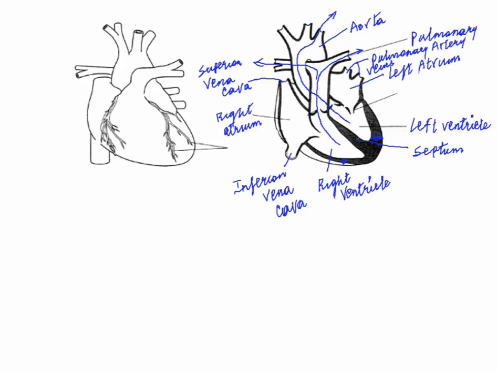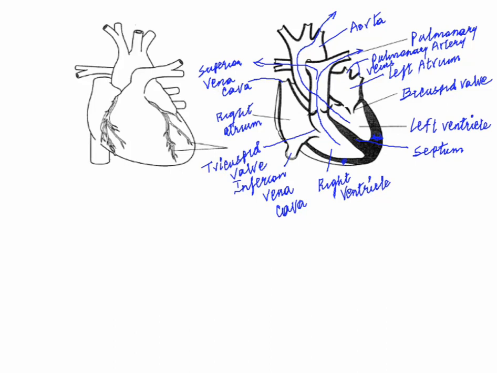Then you have valves, 4 valves. This valve here on the right side is called the tricuspid valve, and the valve on the left side is called the bicuspid valve. And then you have 2 more valves.